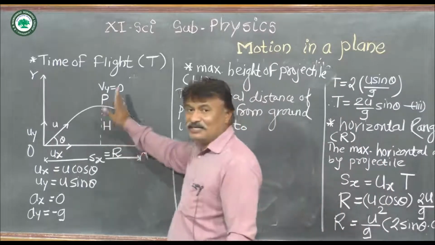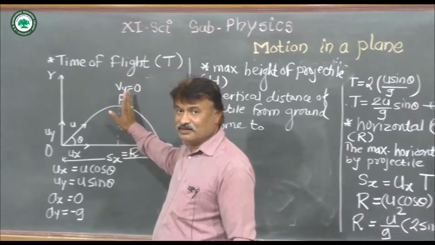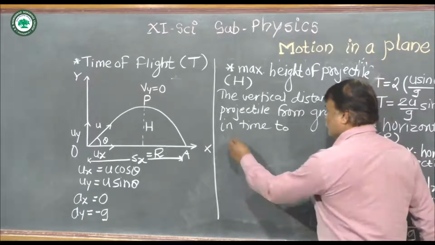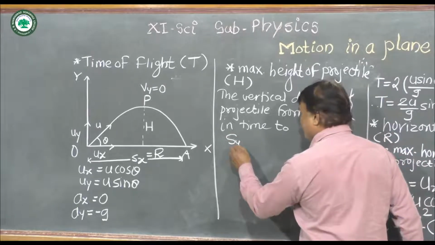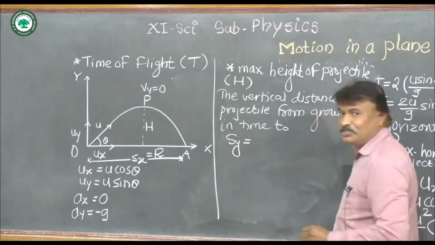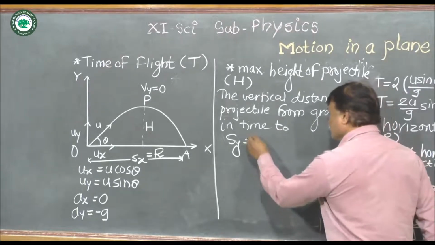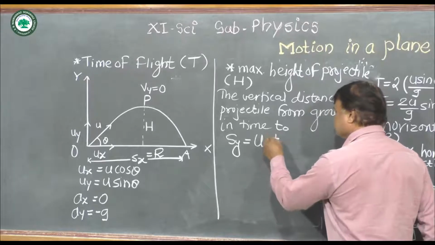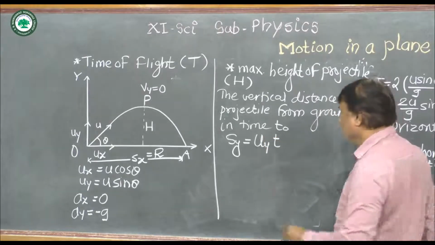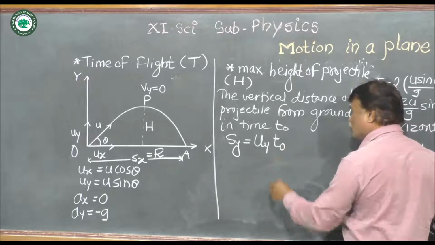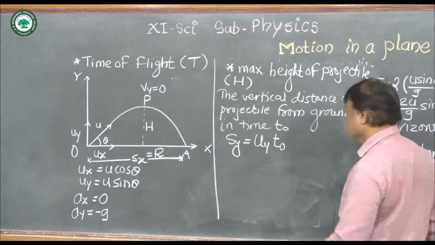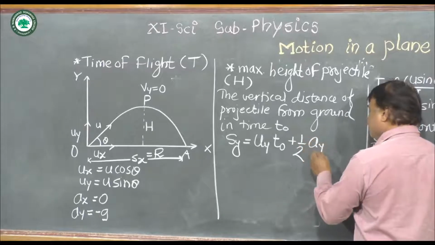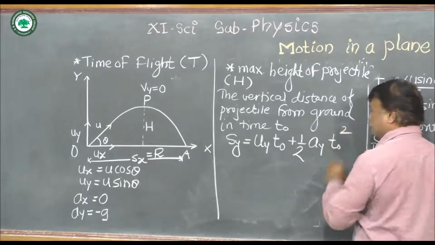So here we consider vertical distance, and we use again the second kinematical equation. So in that case, Sy, the distance along the y-axis, is equal to Uy into t. Again in that case time is t0, so Uy into t0 plus half Ay into t0 square.